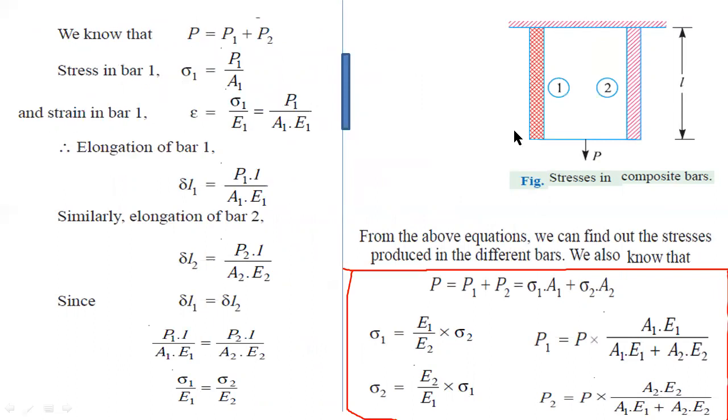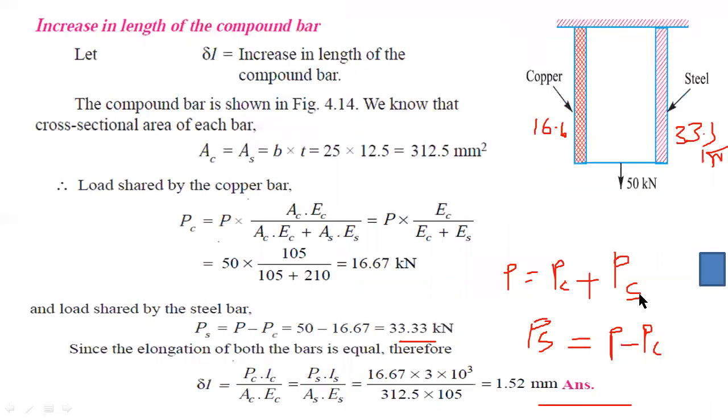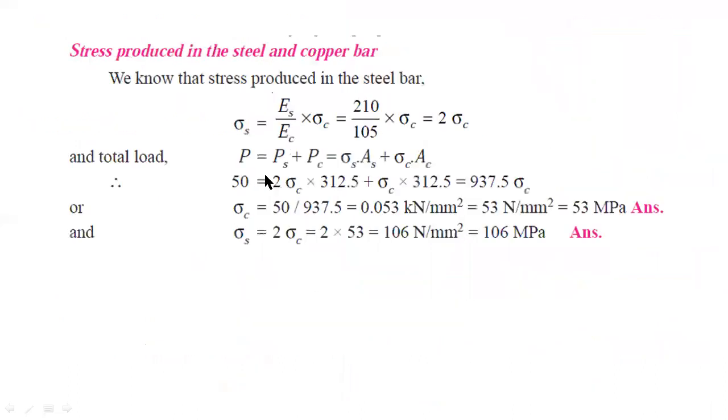Sigma 1 is the stress induced in bar 1, sigma 2 is the stress induced in bar 2. By using these two formulas you have to find the stresses. The stress induced in the steel bar equals Young's modulus of steel by Young's modulus of copper into the stress induced in the copper bar.